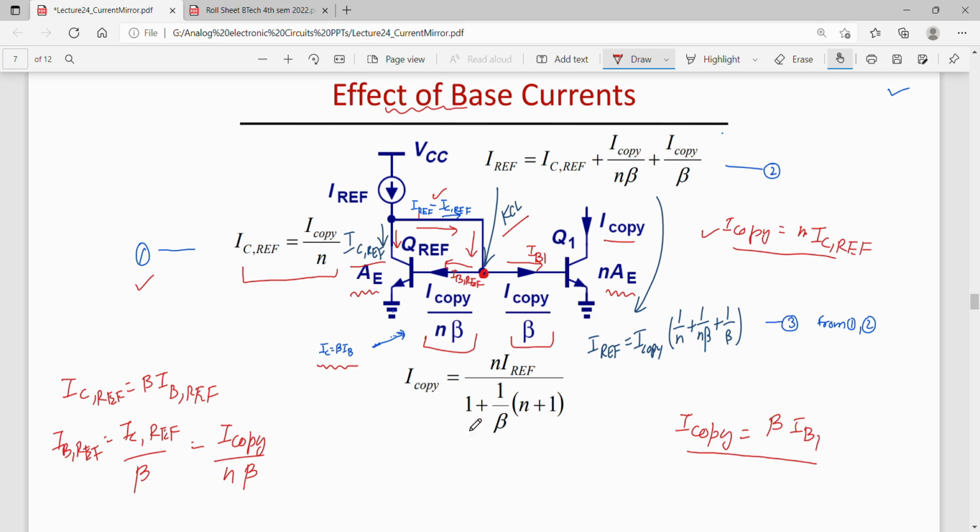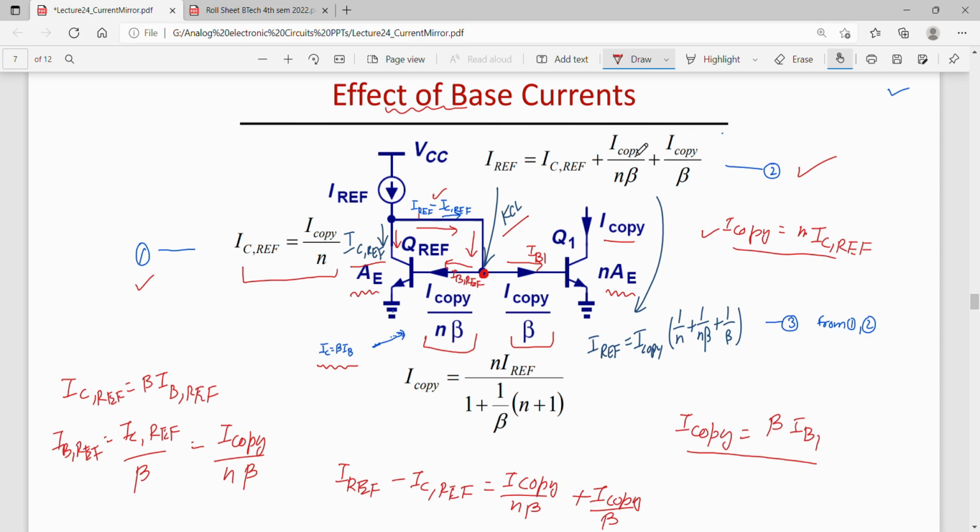Okay, so let us write I ref minus IC ref, this is equal to I copy by N beta plus I copy by beta. Okay, so I take this IC ref on the right hand side, I get this relation 2. Okay, just take IC ref on the right hand side. Okay, so I got equation 2 over here.